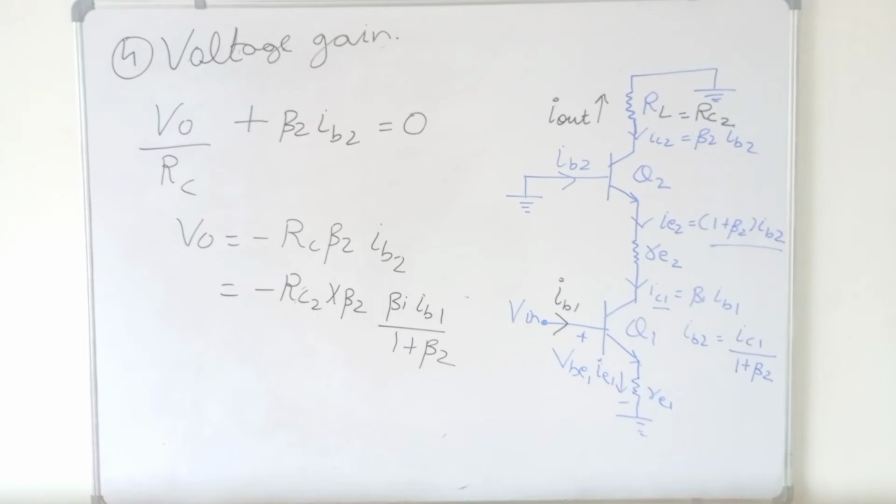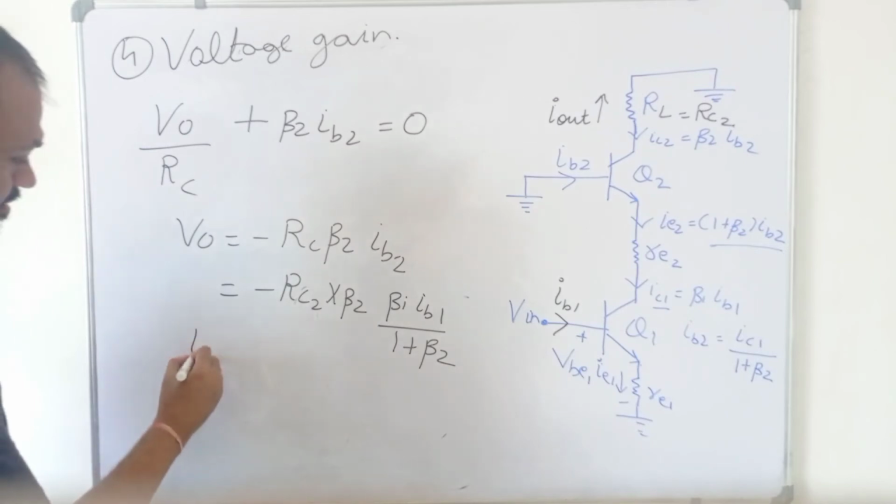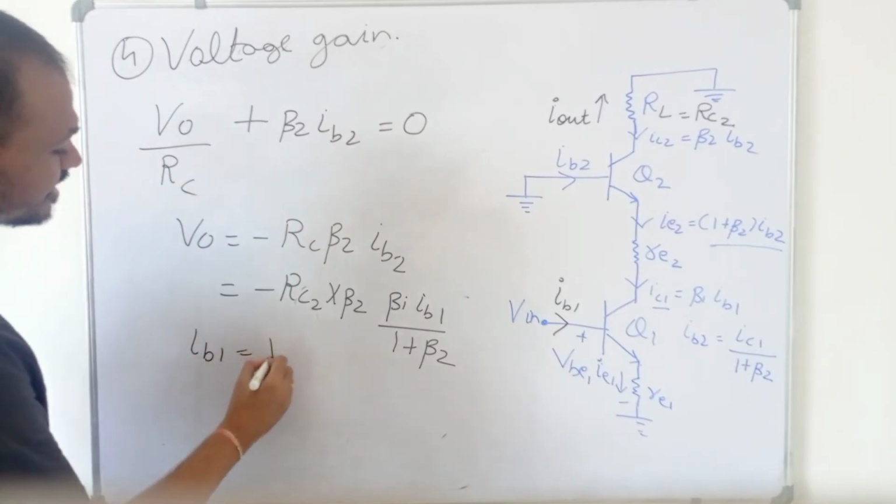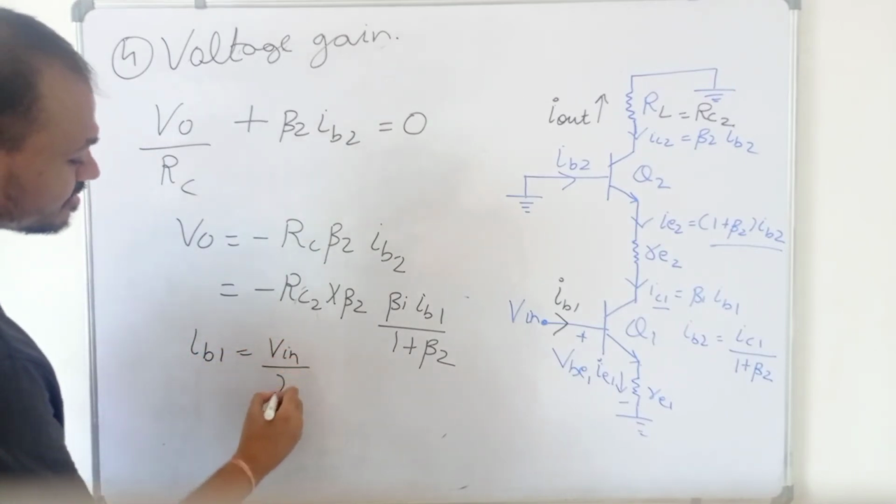So V naught is equal to minus beta 2 into beta 1 upon 1 plus beta 2 into RC2 into IB1. Now IB1 is equal to V in upon R pi 1.